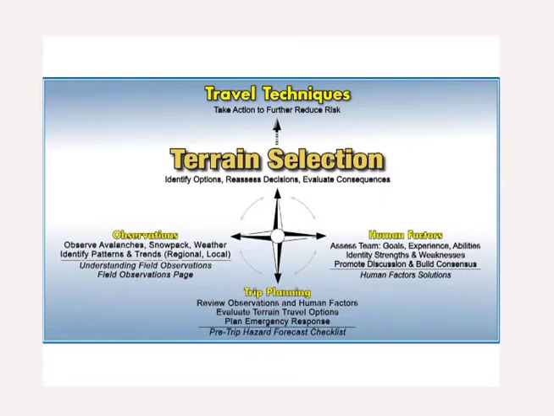And then you have the pre-trip hazard forecast checklist. That name is slightly changed, but I think you know what that is, right? It's the left-hand side in the fieldbook. This planning tool is one of the focuses of the toolbox. It sets people up in the trip planning process and helps us emphasize it.